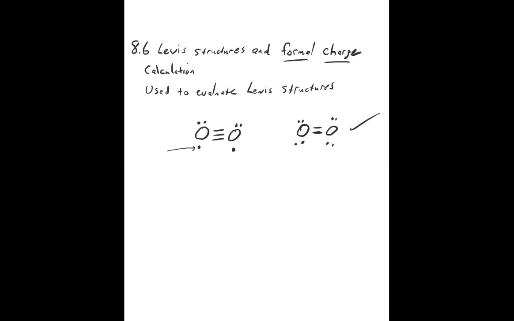So this one's good, and we're using the octet rule to evaluate that structure. Now what I'm going to claim is that there are structures we can draw which are perhaps incorrect, and we can use another method of evaluation, which is called formal charge. For example, I'm going to draw a Lewis structure for the phosphate ion.